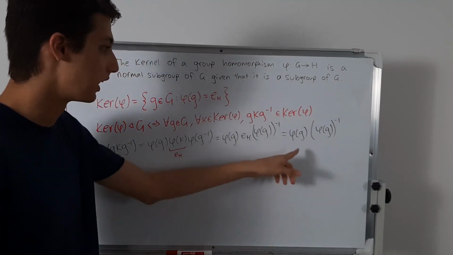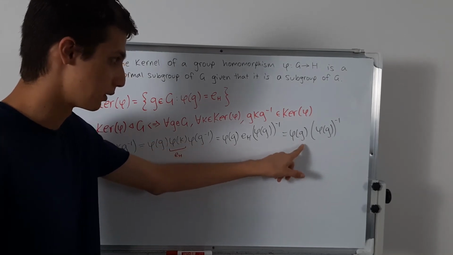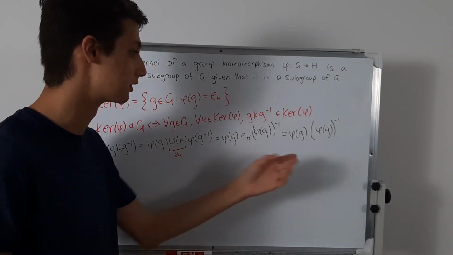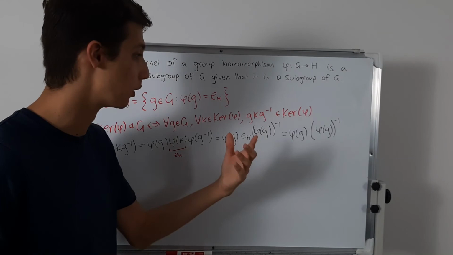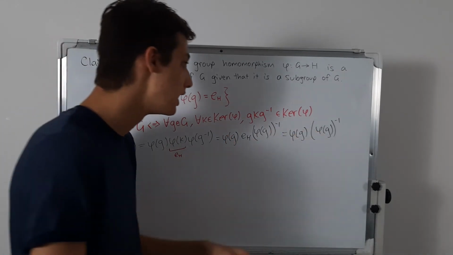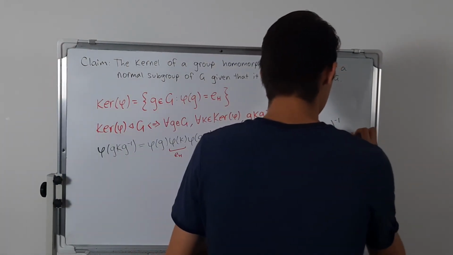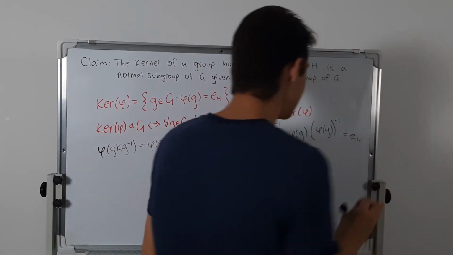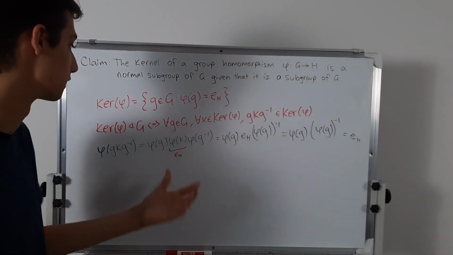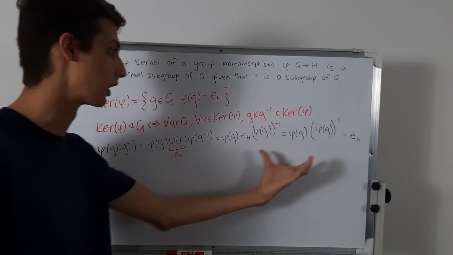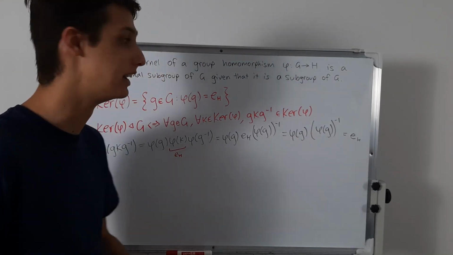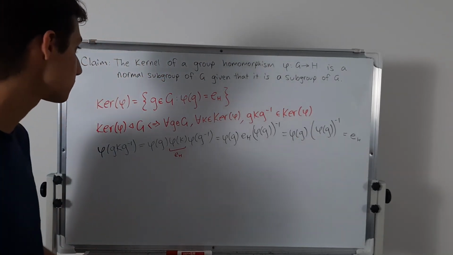And when you have something times its inverse, like 5 times 1/5, or 3 minus 3, that is simply the identity in H, right? Because remember, this is the stuff in H going on, so this will be the identity of H, okay?